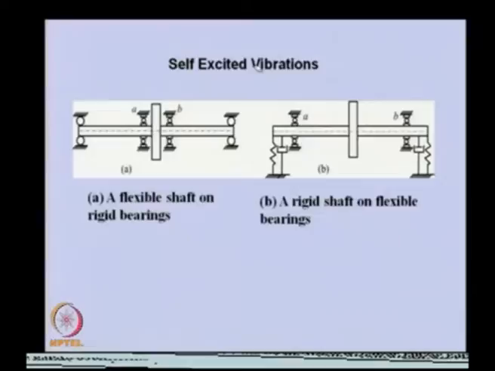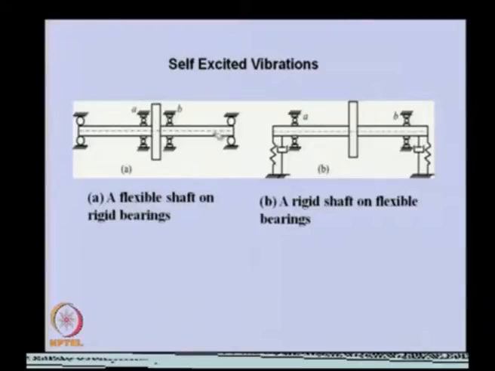Self-excited vibration is something in which the force comes from the motion of the system itself. To understand this, let us take a rotor system like this. This is a simple Jeffcott rotor, and there is a disc at the center which has some unbalance.